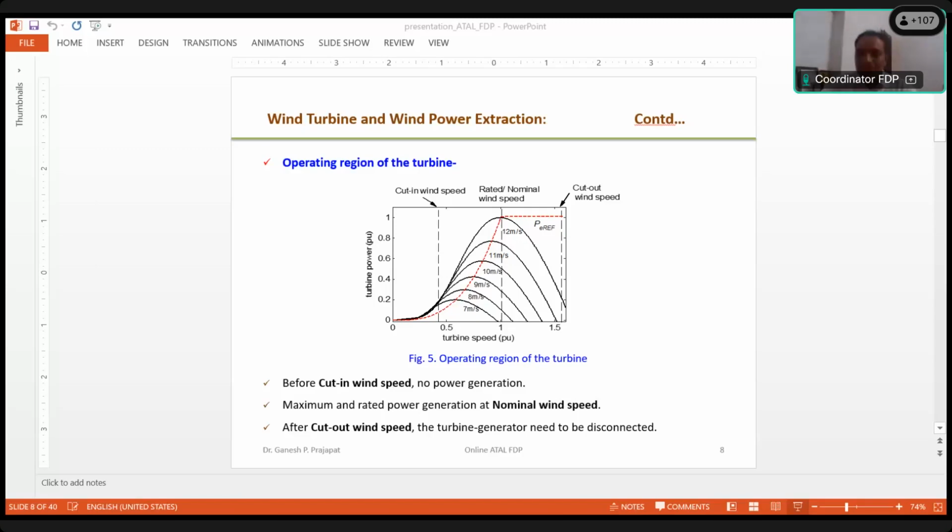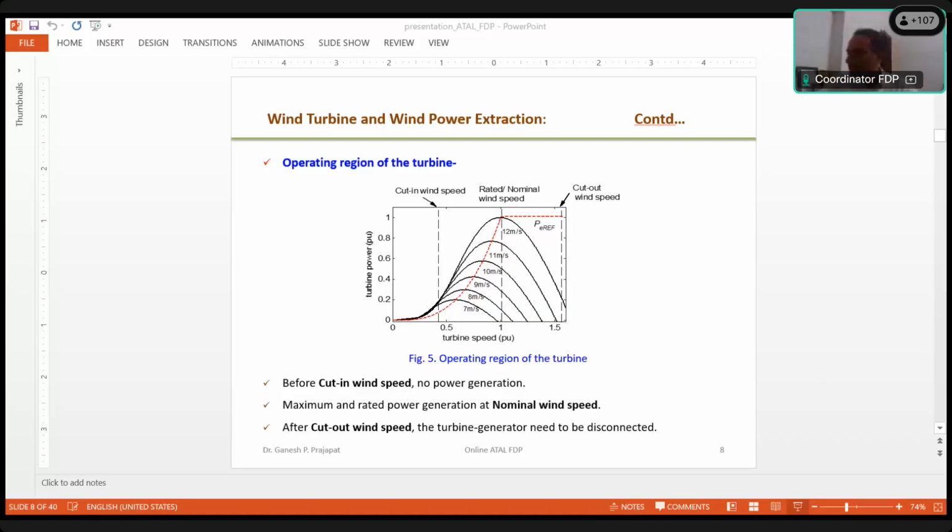That's why this is very prominent and in general use in the industry. So from here onwards, I am talking about the wound rotor induction generator only, which is actually used in general.